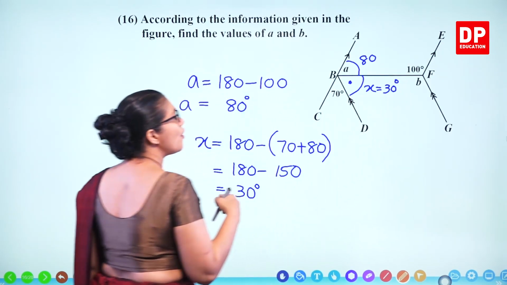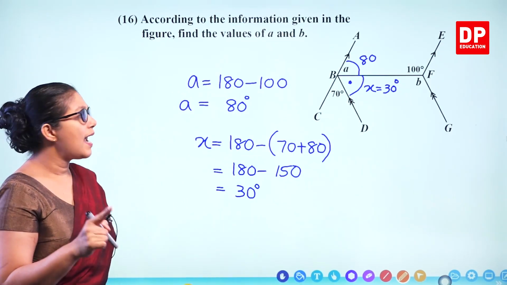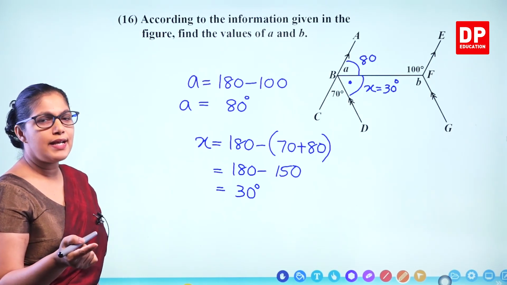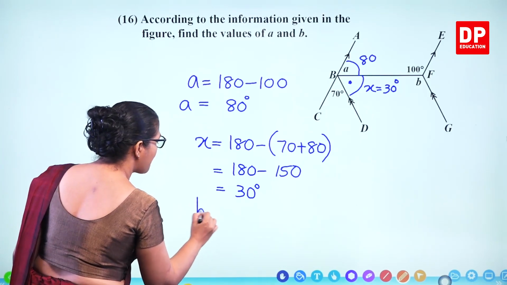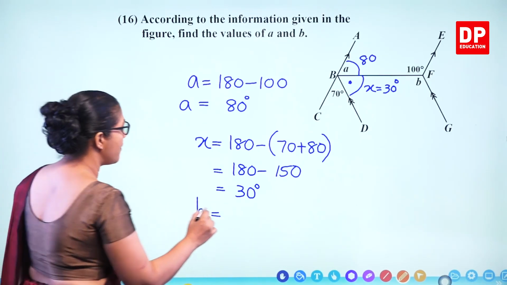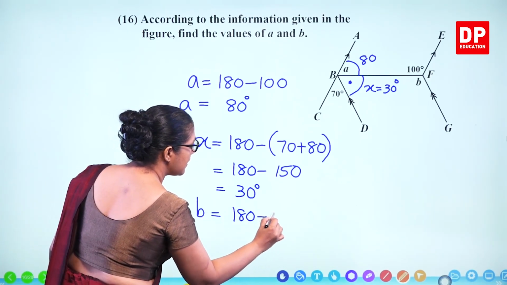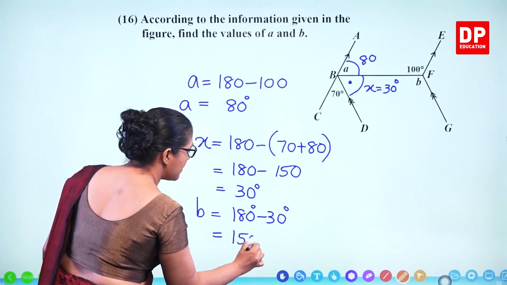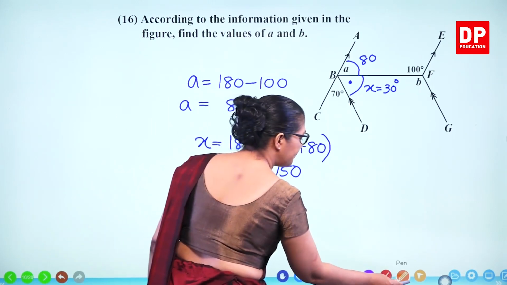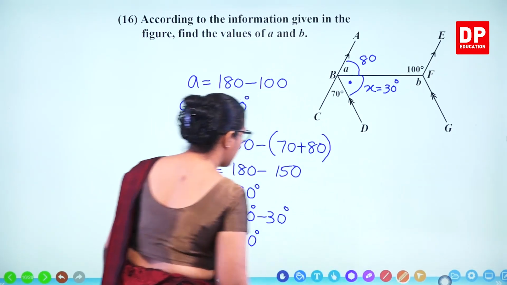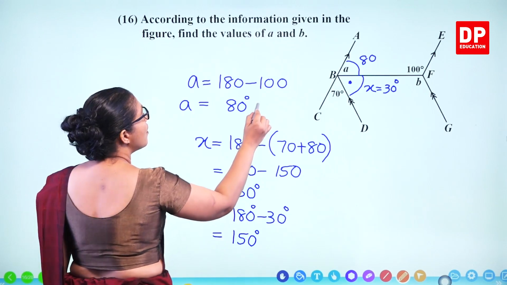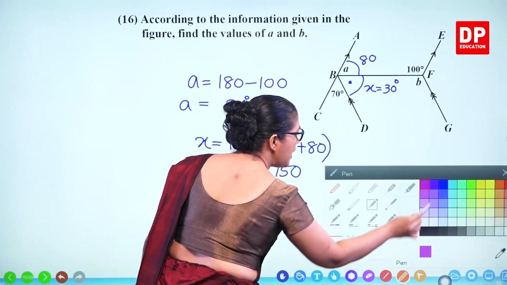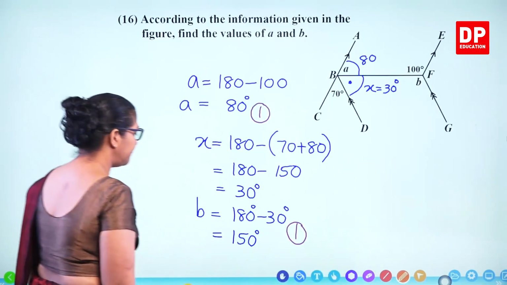Now we can find out the B angle. That's also an allied angle with X. X and B allied angles add up to 180. So B is 180 minus 30. You get 150 degrees. So 2 marks here again: 1 mark for the value of A, 1 mark for the value of B.